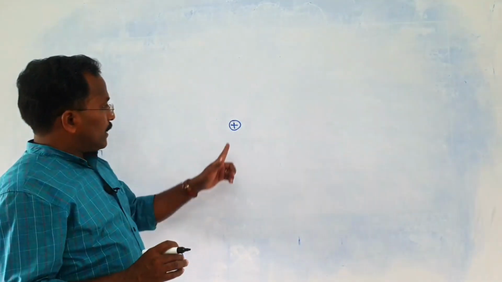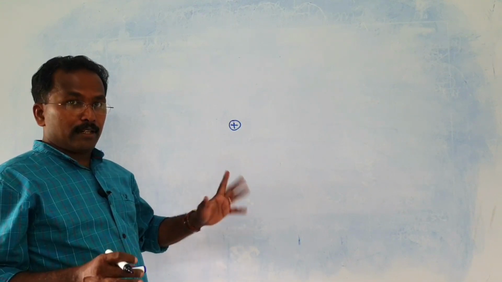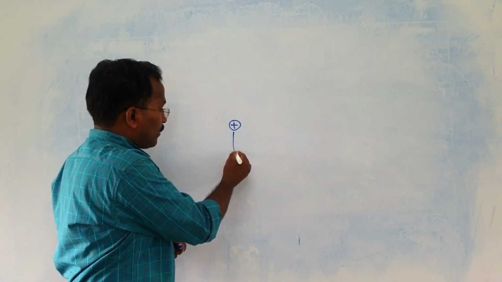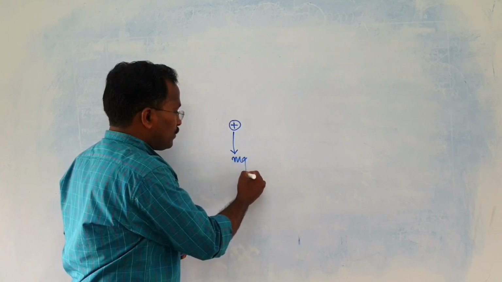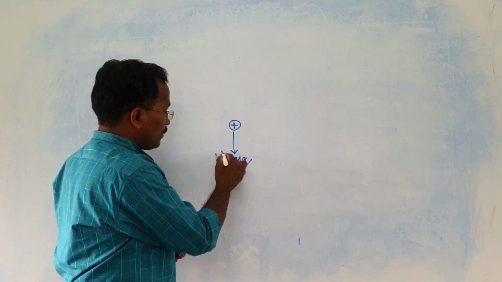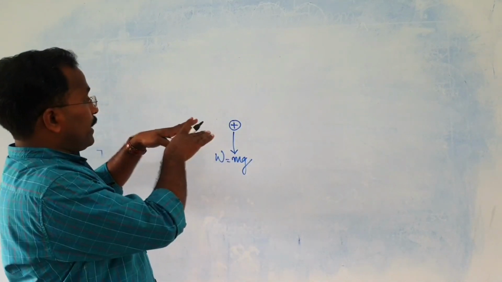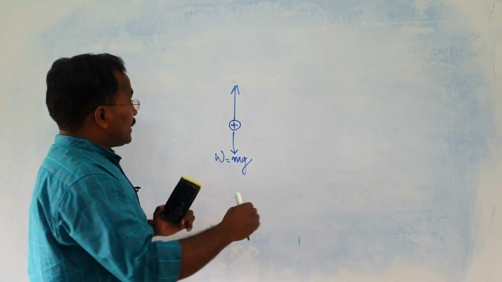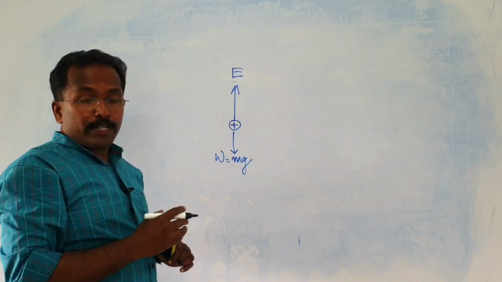What is the meaning of that? As gravity is there, it should fall down. But it is not falling, it is staying there. It should fall because of gravity. The force due to gravity is mg, its weight. If it is being suspended there in air, what I understand is there is an electric field in the upward direction.